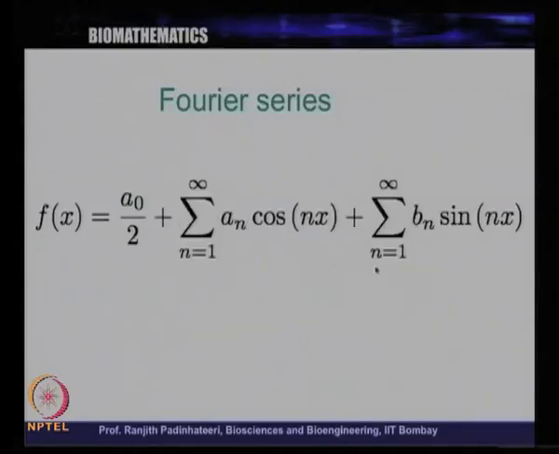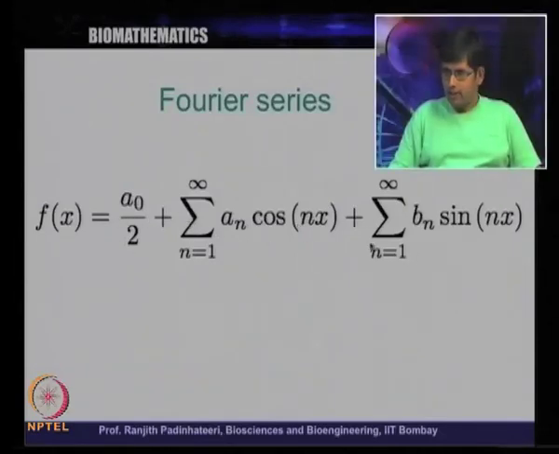Okay. So how do we get this function? How do we get this a0 and an and bn? It turns out that the way to calculate this a0, an, bn, etc. is somewhat similar to what we did earlier.